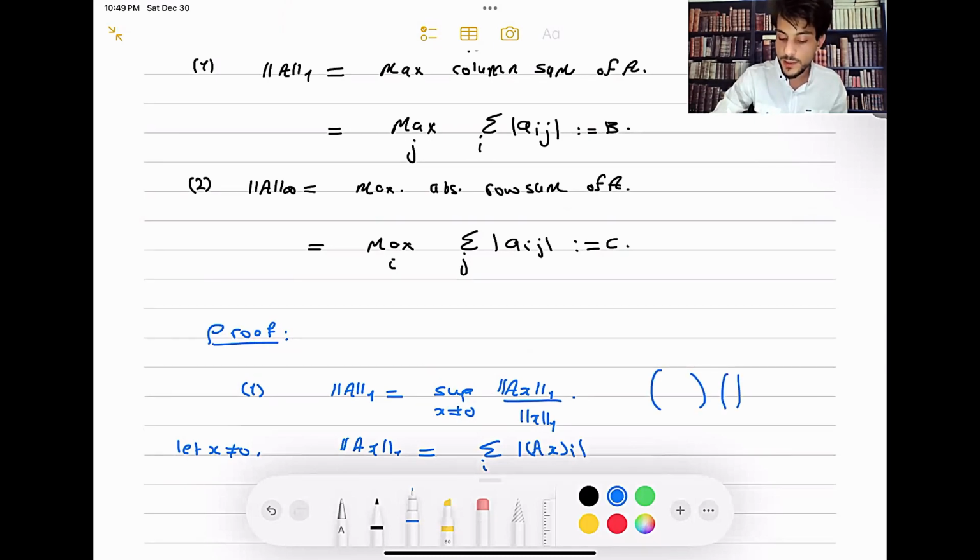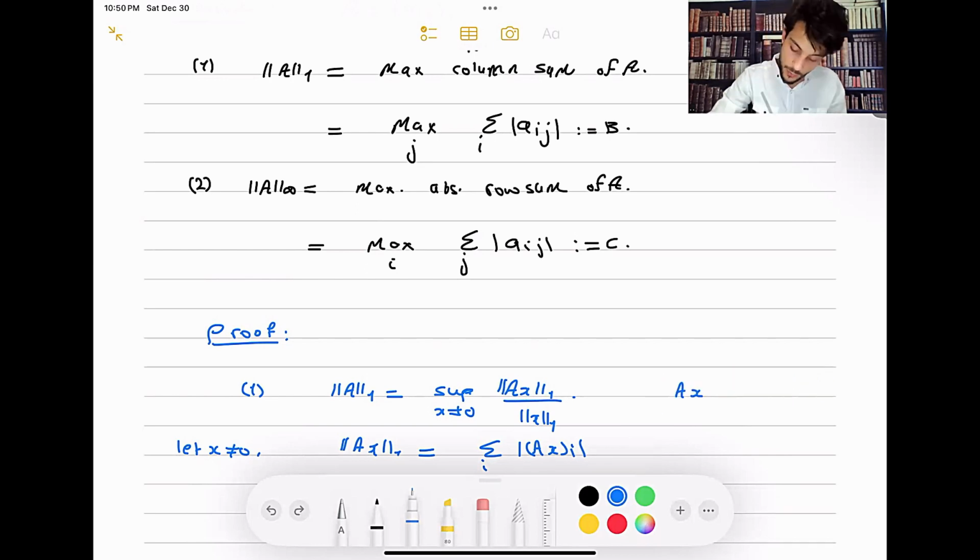What we used to do is say that this is the resultant vector, and the ith entry of the resultant vector is just the ith row dot producted with the vector that we have.